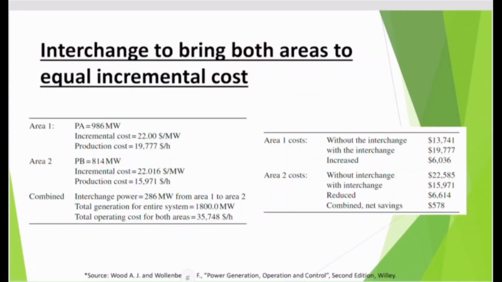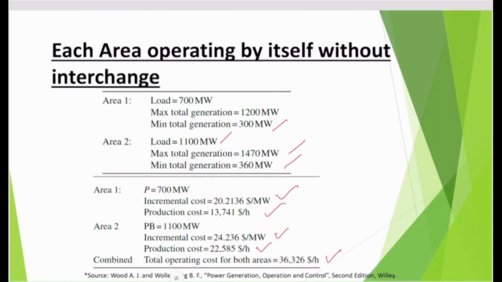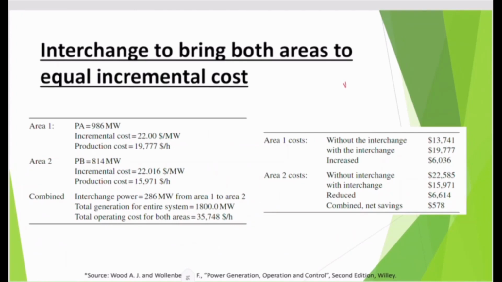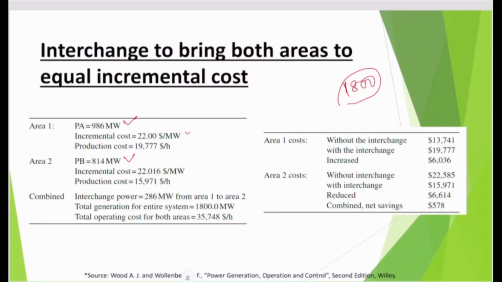Now, previously the total load was 700 plus 1100, that is close to 1800. It's the same 1800 when there is exchange, but it is distributed as 986 and 814. So it seems that the 1100 is now reduced and the 700 is increased a little bit, and you could see the incremental costs of areas 1 and 2 become the same.